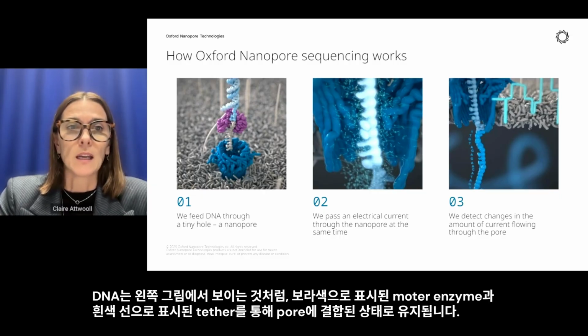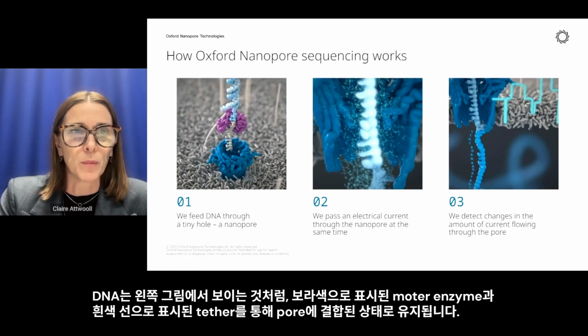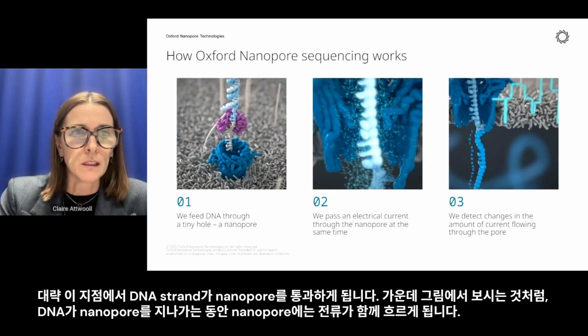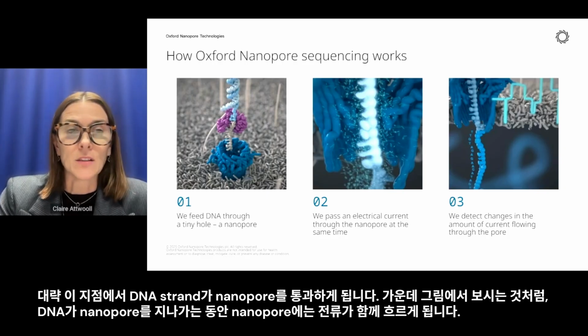So we take the DNA. It is tethered to a pore by a tether, which you can see on the left with a little purple head and a white line, just about here. And so this passes through the pore, and in the middle, you can see that as it passes through the pore, we also pass an electric current through the nanopore.